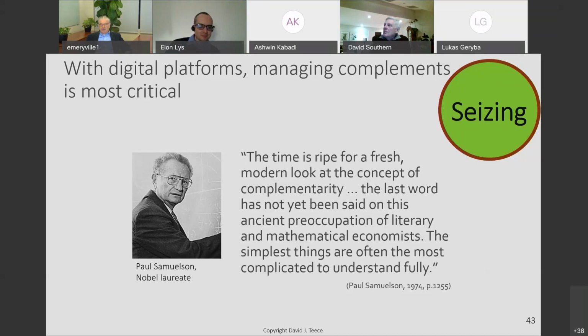And I can tell you, by the time we finish this class, we'll have a better understanding of complements, but it'll still be enigmatic. And brilliant minds like Samuelson remind us that this is ancient. People have been thinking through what complements are, whether they're literary economists or mathematical economists, and this question of alignment for management and for strategy.